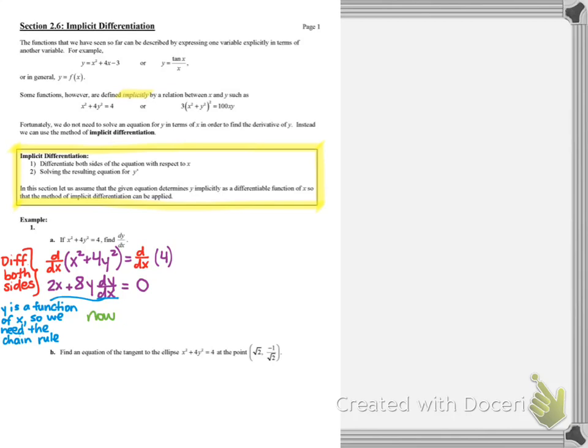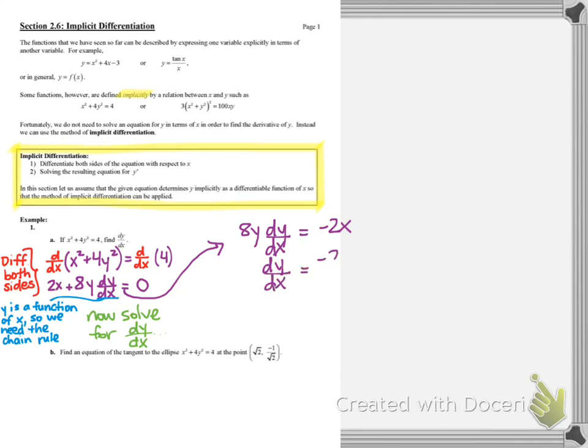Once you differentiate both sides, we now will solve this equation for dy/dx. Continuing up above, we move the 2x over, so it's negative 2x, and then we divide by 8y.